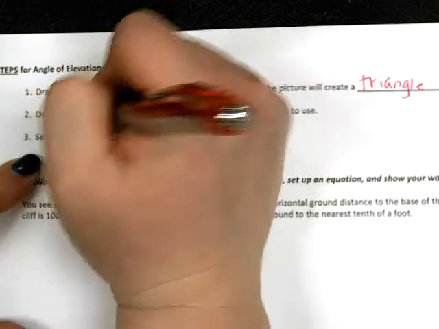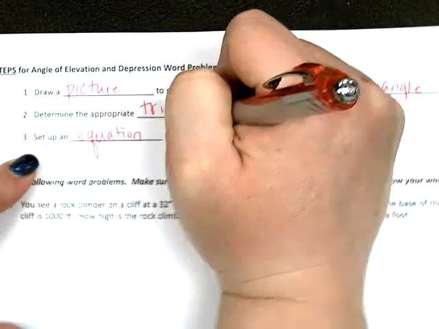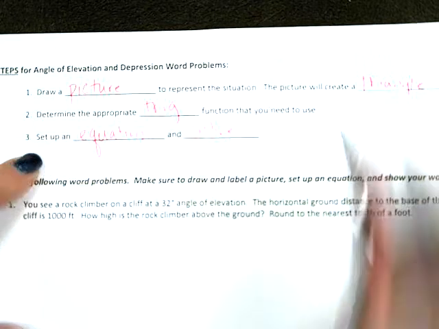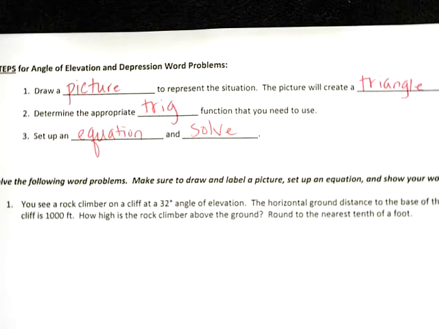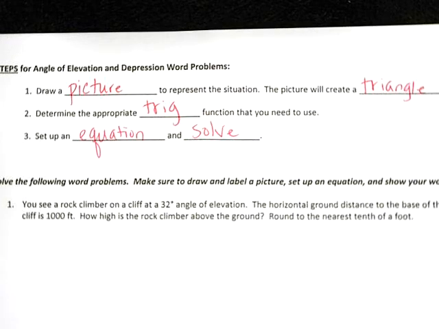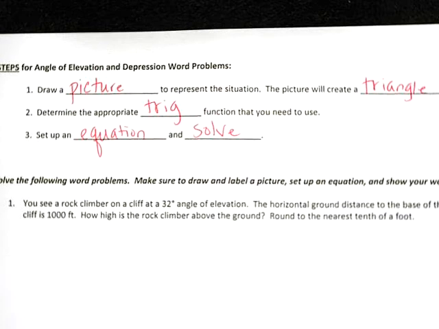We're going to set up an equation, and we're going to solve it. Okay, pretty straightforward. Draw a picture, figure out what trig function you need, and then set up an equation and solve it. Once we get the picture down, you guys will be just fine. All right, it's drawing the picture that's a problem.